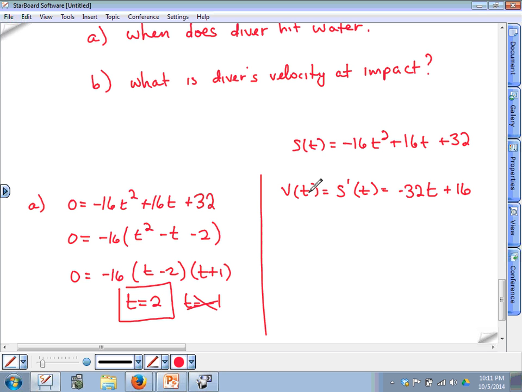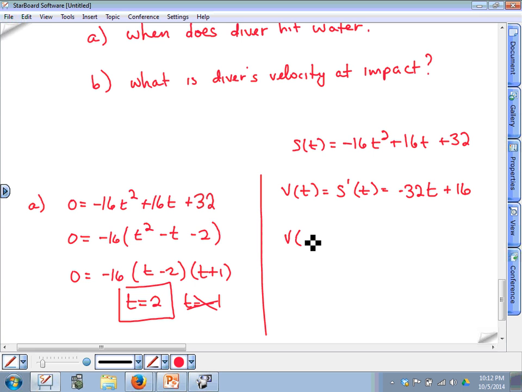Now, much like we talked about last time, if we were talking about section 2.1, the derivative is a function that helped you find the slope of a tangent line. Here, this derivative velocity is a function that can help you find an instantaneous velocity, but only at a particular value of time, so you have to know that value of time. And in this case, it's 2 seconds.